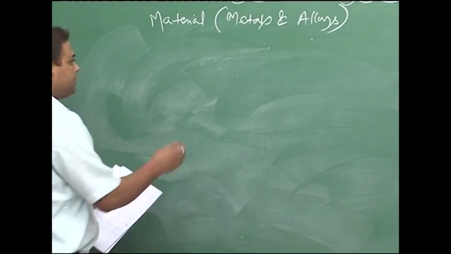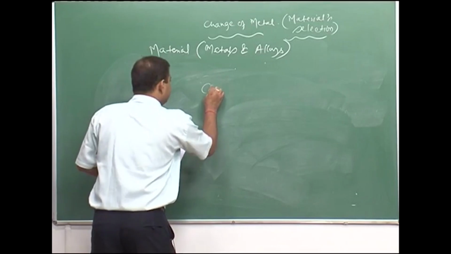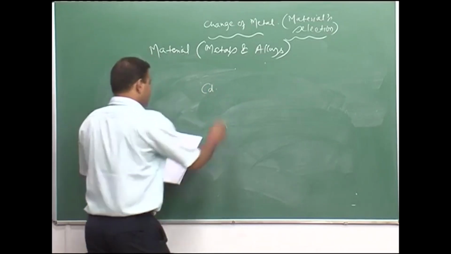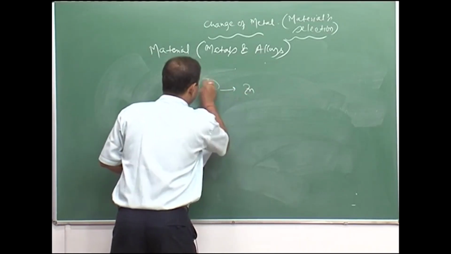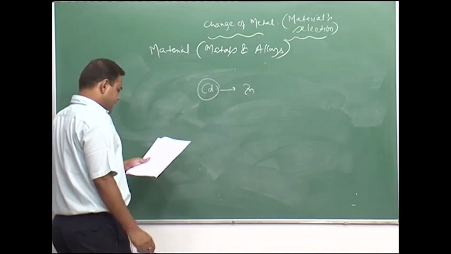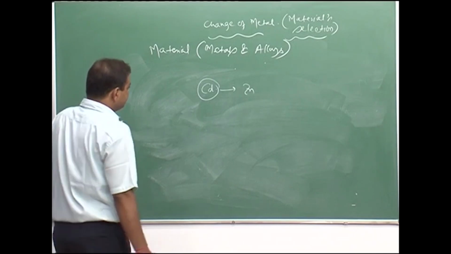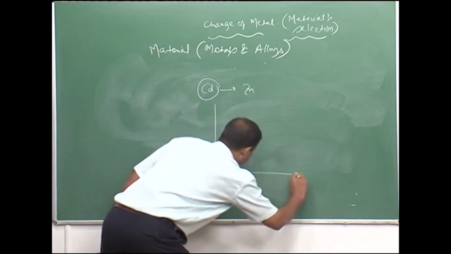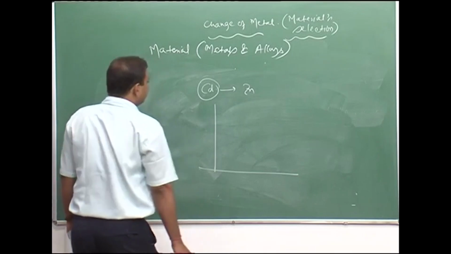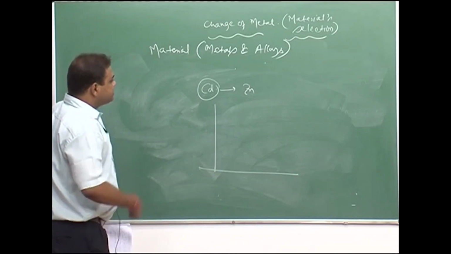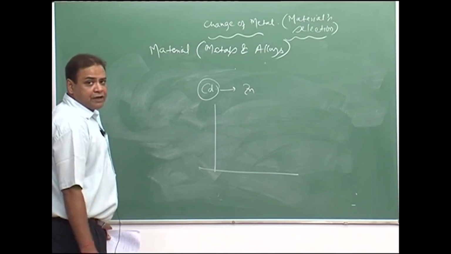One particular example is alloying of cadmium in zinc. If we add cadmium in zinc, then we can see that corrosion resistance of zinc improves. Here the reason is different: cadmium increases the polarization of the cathodic reaction.